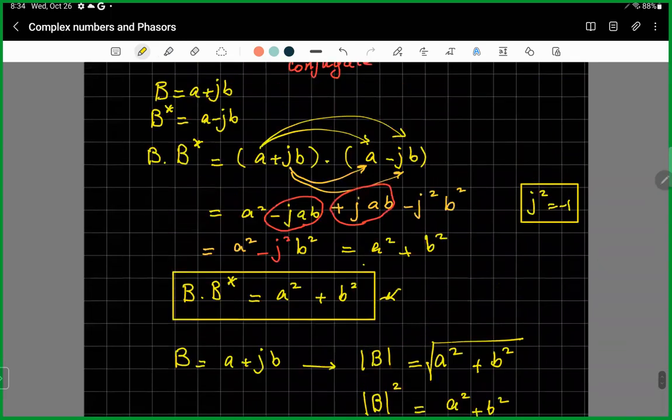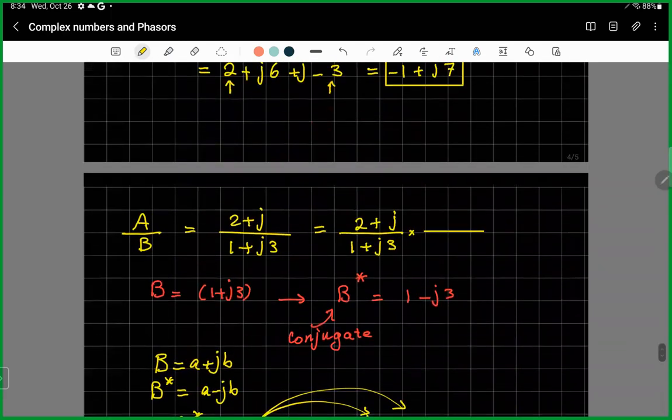Because when I was dividing, how can you divide 2 plus j over 1 plus j3? I don't know how to divide. So I want to convert this to a real number. Because if I was dividing 2 plus j over any real number, it would be easy. I divide 2 by a number, j by a number. But now I have a complex number, so I couldn't.